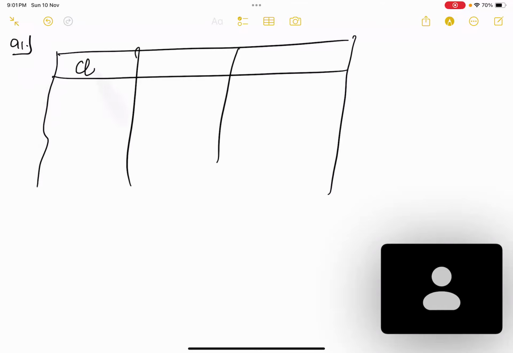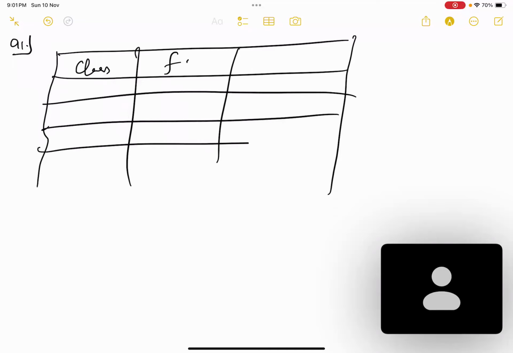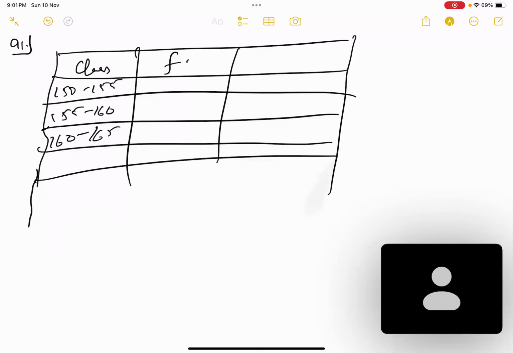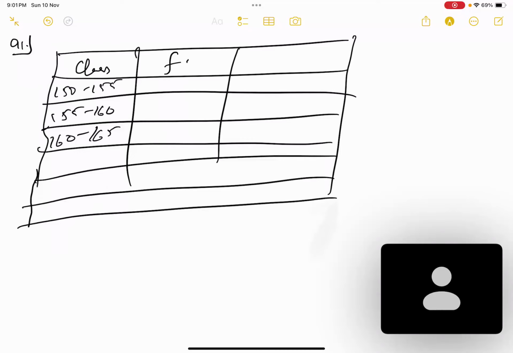We have the class and we have the frequency. 150 to 155, 155 to 160, 160 to 165, 165 to 170, 170 to 175, 175. The frequencies given are 18, 15, 11, 9, 10, and 7.